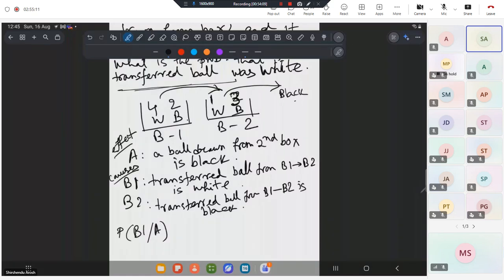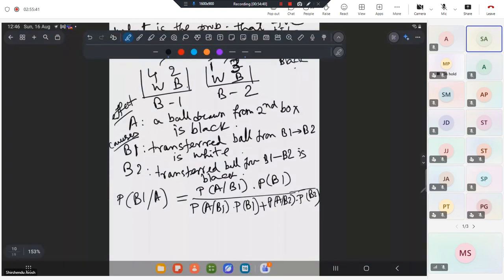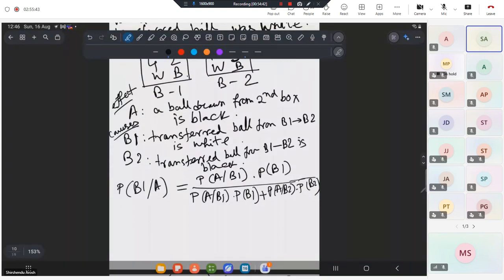If I use Bayes theorem, the equation would be P(E|B1) times P(B1), divided by P(E|B1) times P(B1) plus P(E|B2) times P(B2). Correct? Now let's find these numbers in terms of the problem.